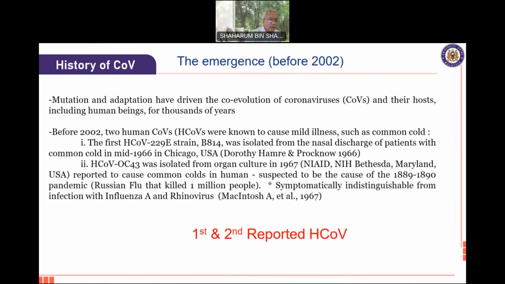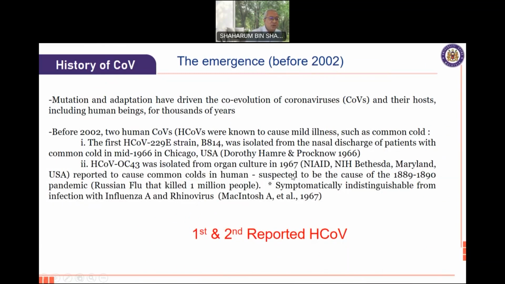If we look into the emergence of human coronavirus, before 2000 it was very mild, and after 2000 the coronavirus became severe. The first human coronavirus reported was in 1966 in Chicago, in the United States, and also in Maryland in 1967.